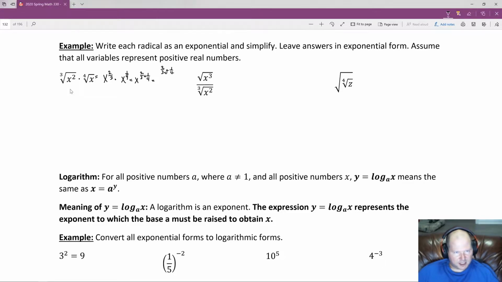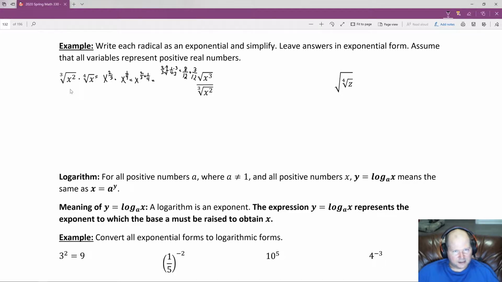So we multiply that by 4, which means we also multiply the numerator by a 4. We multiply this 4 by 3, which means we multiply the numerator by a 3. And that gives me 2 times 4, which is 8. And this gives me 3 times 4, which is a 12, plus 1 times 3, which is a 3, 4 times 3, which is a 12.